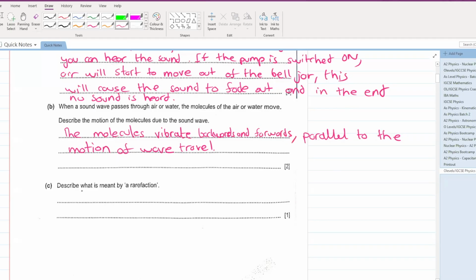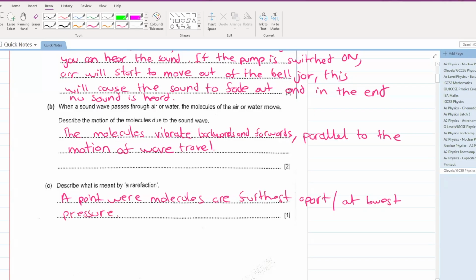Simple. State what is meant by a rarefaction. A point where molecules are at the lowest pressure, where molecules are furthest apart, or you can say minimum pressure, anything works here.